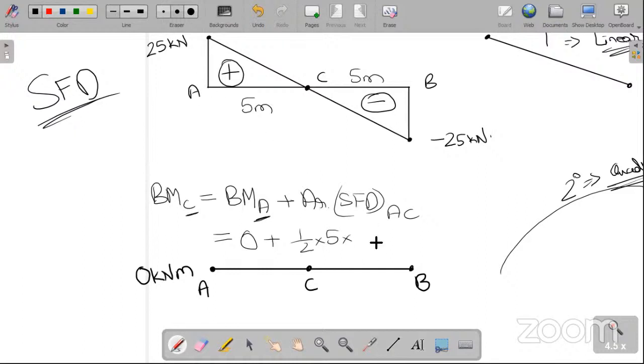Height is 25 kilonewton. So it is 25 into 5, 125, divided by 2, which is 62.5 kilonewton meter. So that's your bending moment at C.